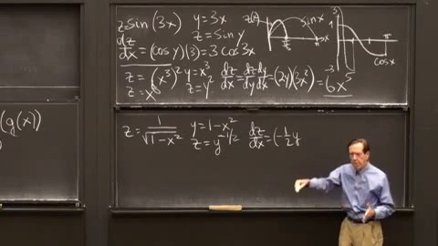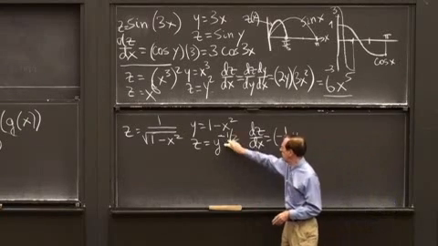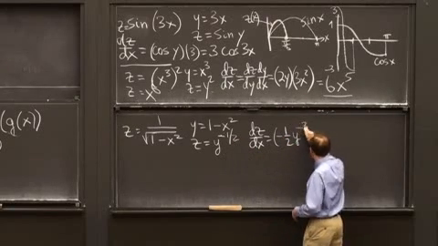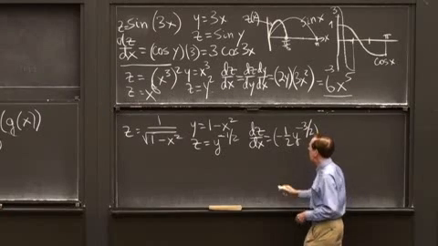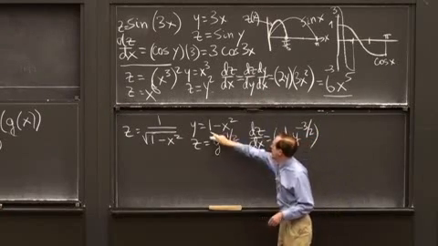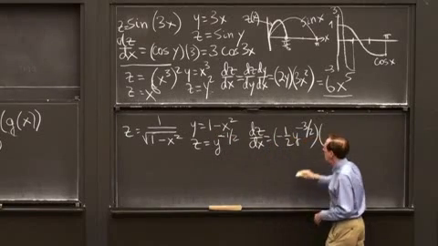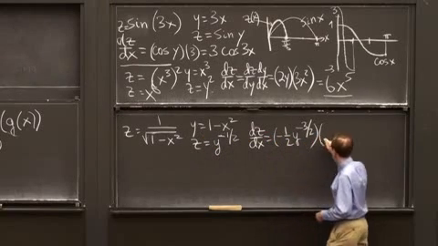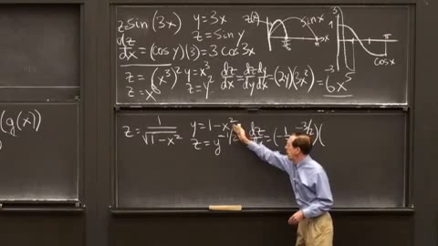I always go 1 power lower. Here the power is minus 1/2. If I go down by 1, I'll have minus 3/2. And then I have to have dy dx, which is easy. y is 1 minus x squared. The derivative of that is just minus 2x.